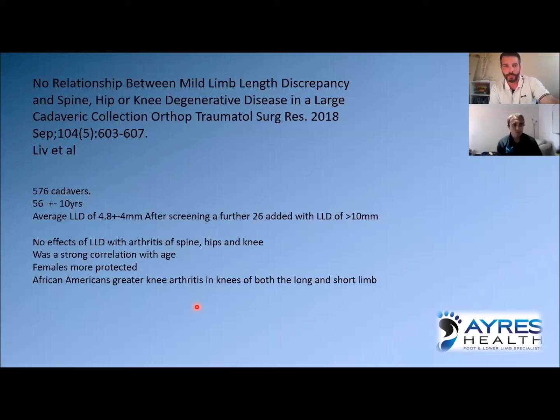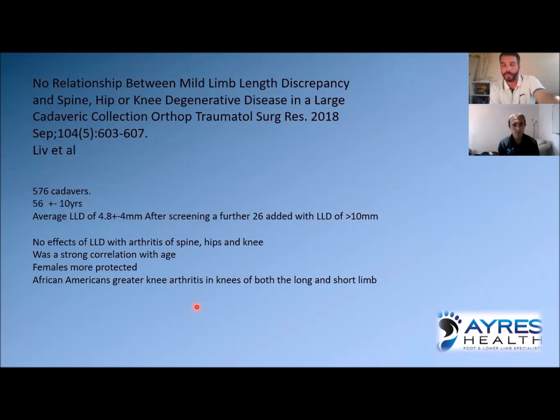They were quite accurate in measuring because they could measure the difference in bone length with tape measures, which you can't do on a live person. So the average limb length difference wasn't that massive, being only 4.8 millimeters.